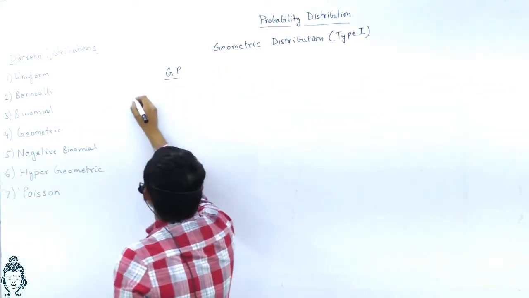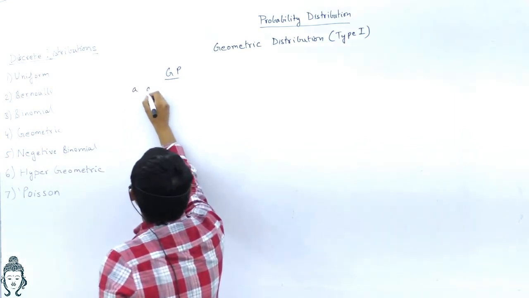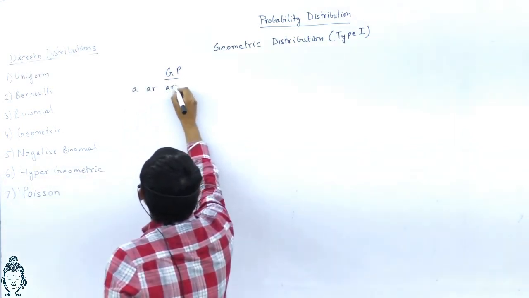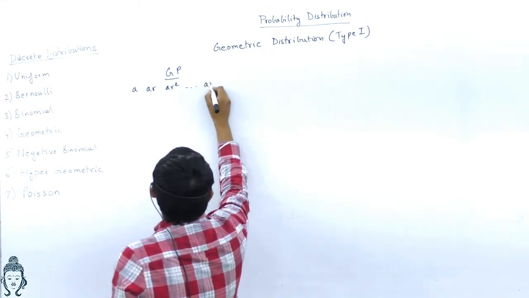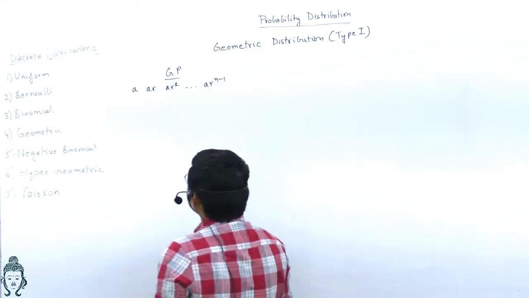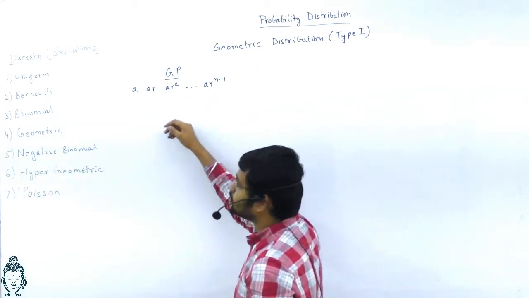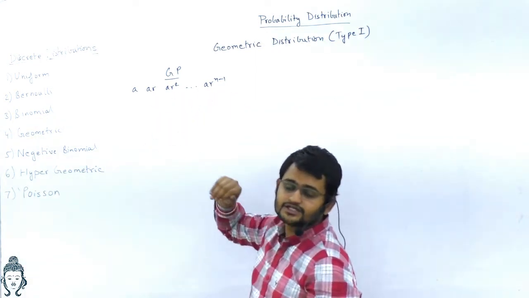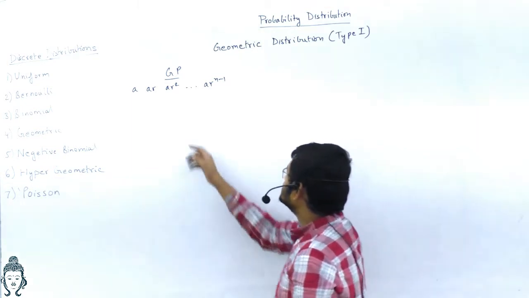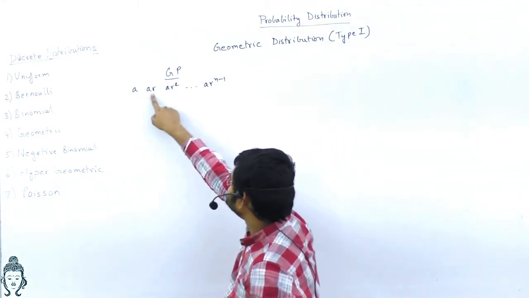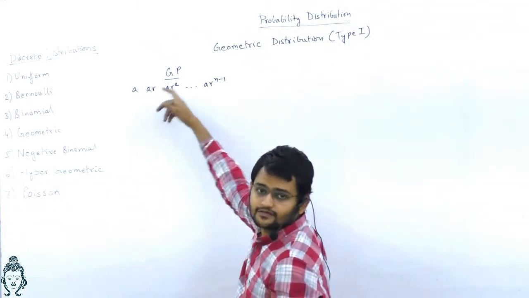In a geometric progression, we have values as a, ar, ar squared, till ar raised to n minus 1. Each consecutive value has the same ratio, or you can say if we divide each consecutive value, we get the same value. So the second divided by the first will be r, the third divided by the second will be r, and so on.